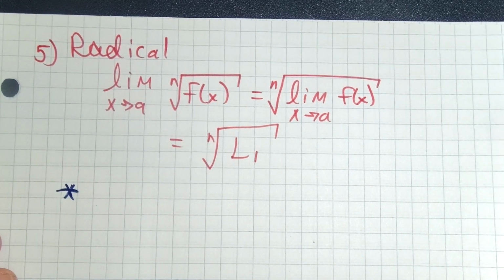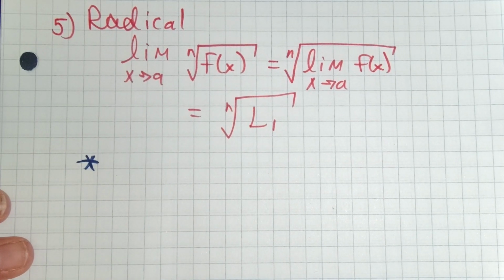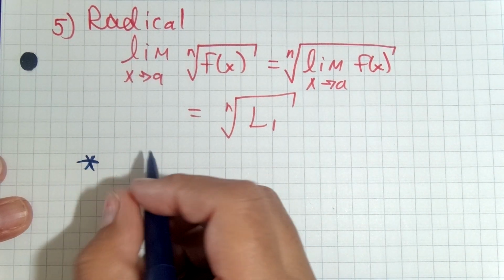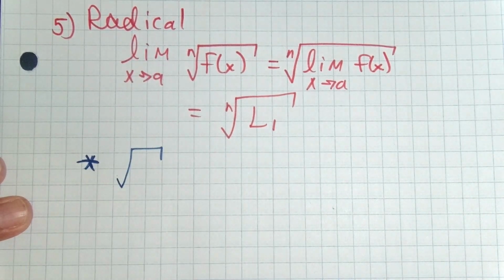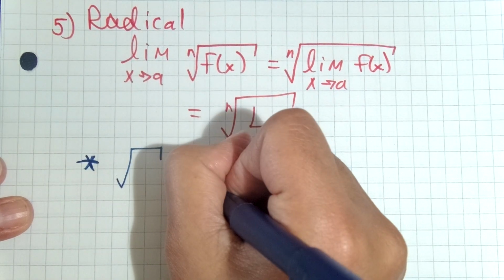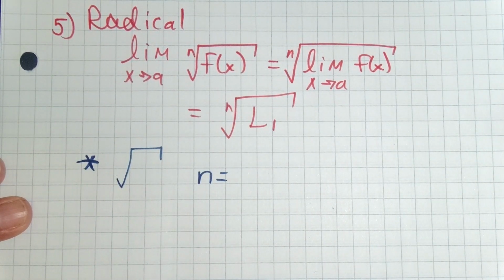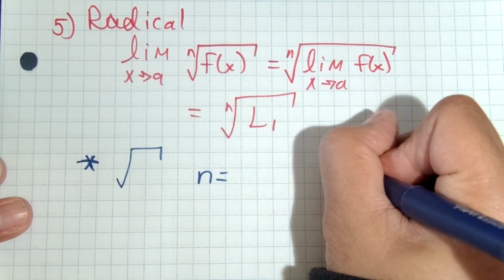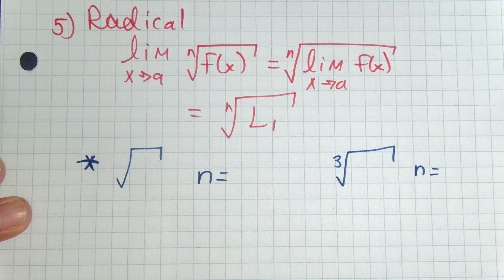As a side note, I'll just wait until you guys are done copying this down. If we had this radical, what is n? How about this? If we had this radical, what's n? 3.